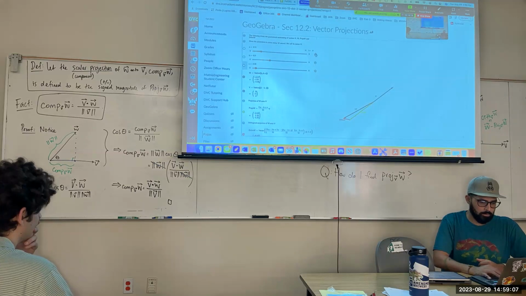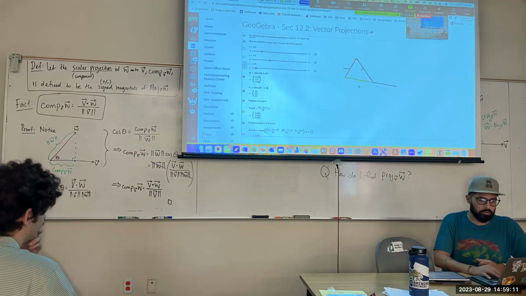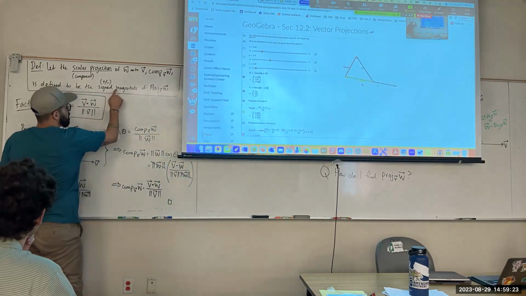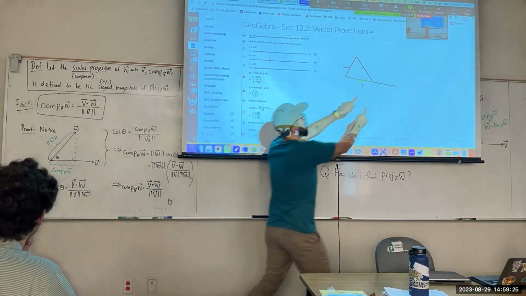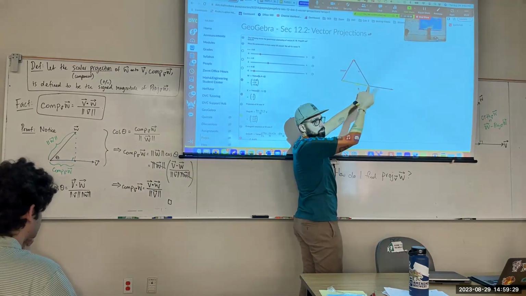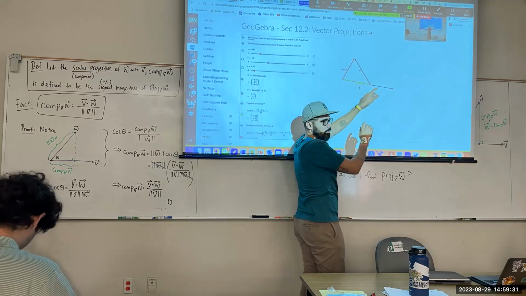Even if W is pointing opposite of V, like it's pointing this way, that orthogonal vector is still going to be perpendicular to V. Okay, and the reason this definition says signed magnitude is because now it's moving the projection up in the opposite direction, so it's positive or negative. That's kind of what's happening.